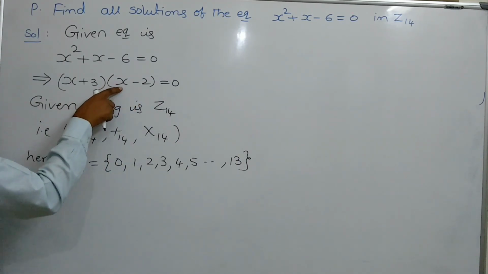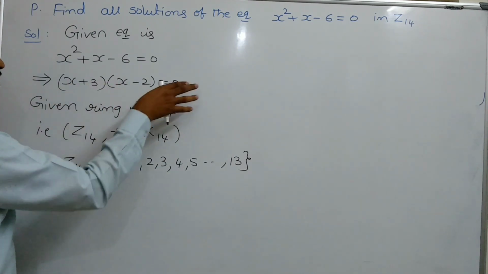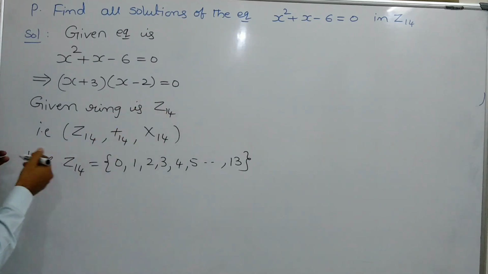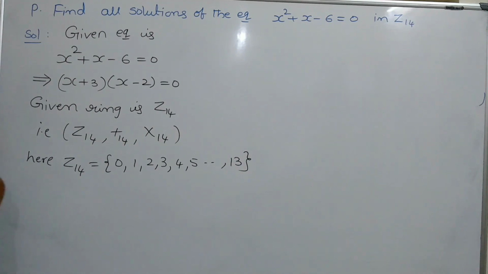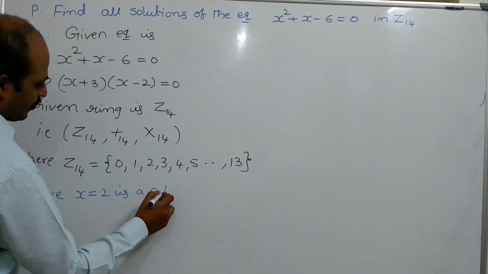If you put 2 here, 2 minus 2 is 0. 0 into anything becomes 0, irrespective of multiplication modulo 14. Trivially, x is equal to 2 is a solution.